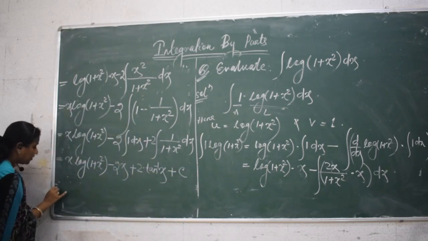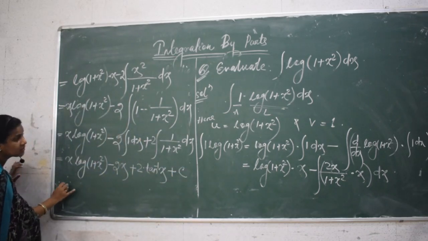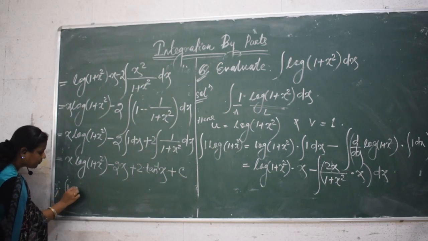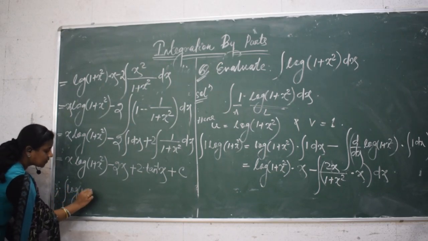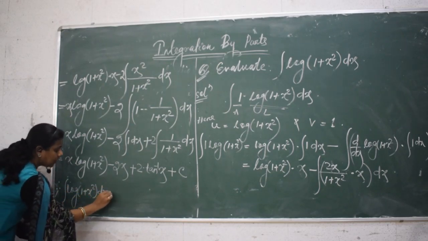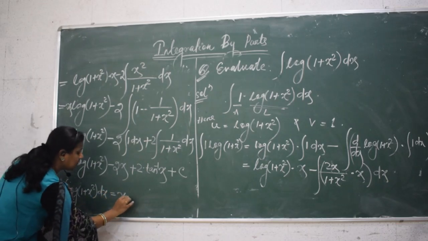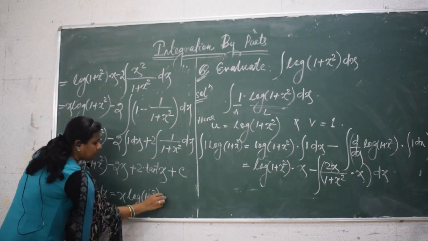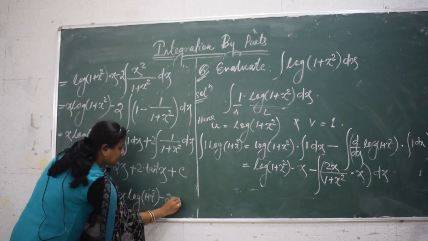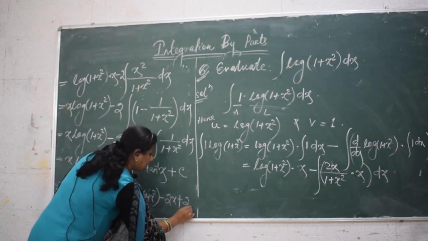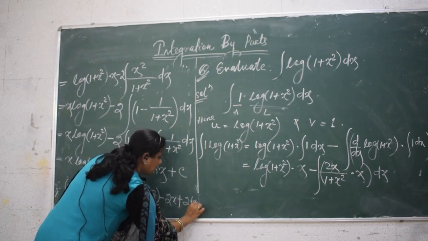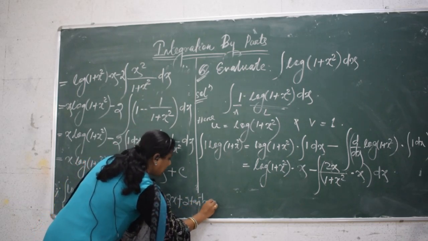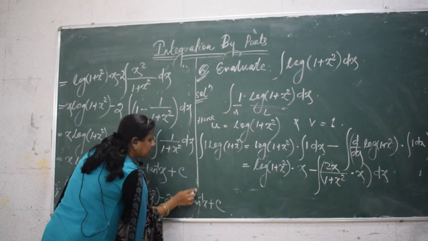So that implies the integration of log of 1 plus x square, you got the answer: x into log of 1 plus x square minus 2x plus 2 tan inverse x plus c.